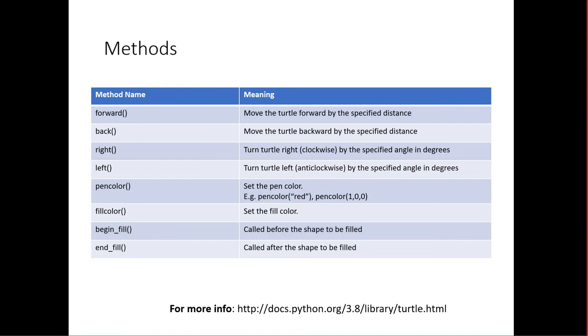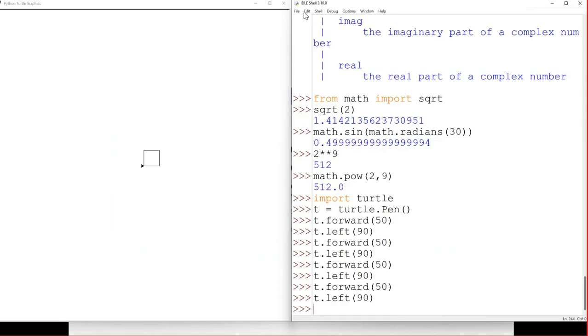But I think we'll start with drawing a small piece of code. We'll open up a file. The first step, as I told you earlier, is to say import turtle, and then t dot turtle dot pen, and then t dot forward, I said 50, and t dot left, I said 90, right?